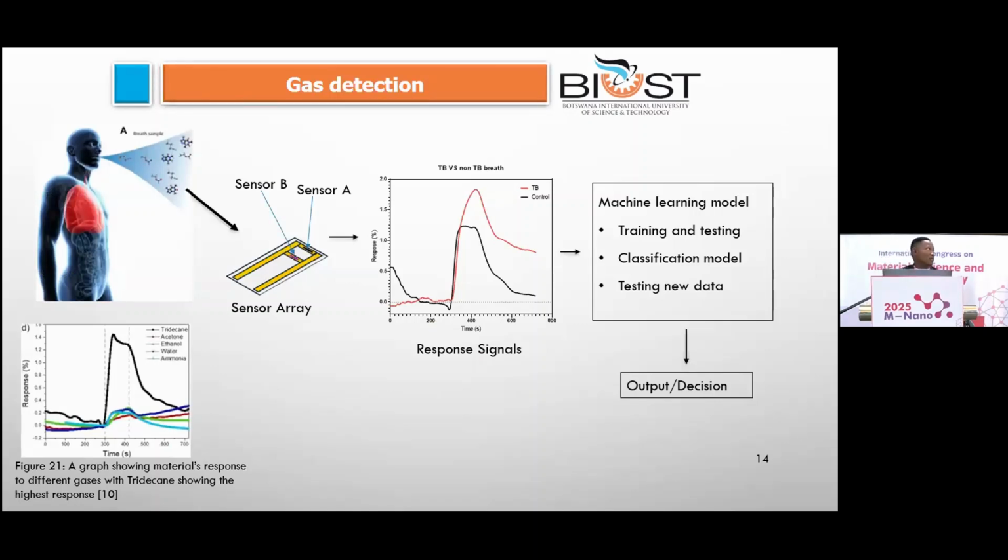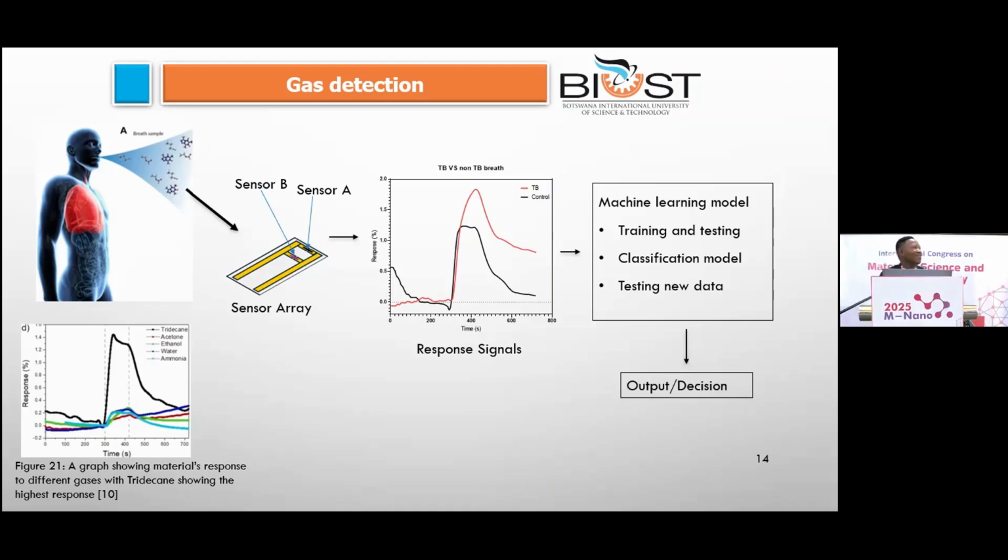Then we can sense the breath samples, where we would obtain the signals for TB and the signals for the control. After getting these signals, we train our model to understand the signals of TB and the signals of the control. From there, we can do the trials where we test new breath to see if it can tell if this is TB or non-TB.